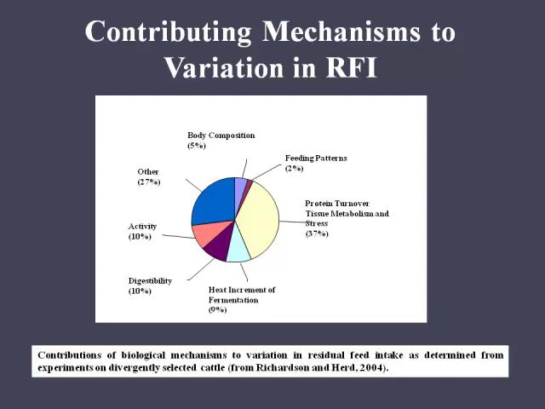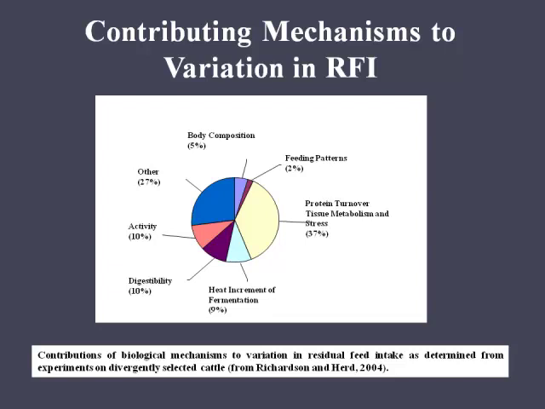And like, basically I'm a physiologist, I'm interested in what's driving these things. So protein turnover drives about 37% of this variation. There's a body composition component. About 5% of the variation in RFI is due to differences in body composition. So, in fact, less efficient animals tend to be a little fatter. More efficient animals tend to be a little leaner, but it's only about 5%. But it's something that we really need to keep an eye on.